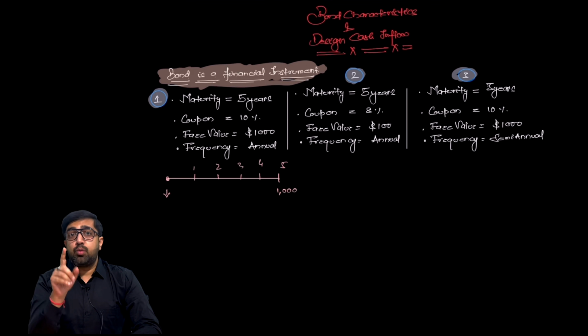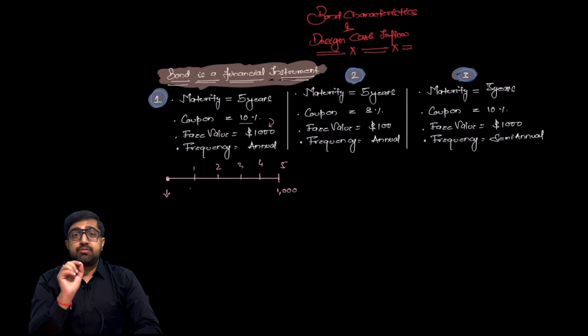Then look for coupon. Coupon is something which is directly related to the face value. So coupon for the first example is given as 10%, but 10% of what? 10% of face value. So 10% of 1,000 would be 100. So 100 you will receive net every year.